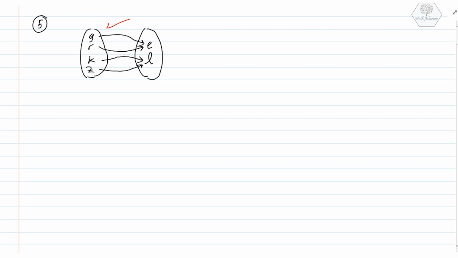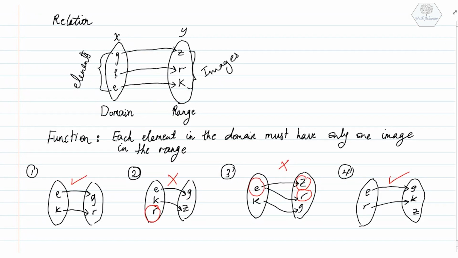But here we have that one image has two elements in the domain, it's fine. Since each element in the domain has only one image in the range, it is a function, but we call this function a many-to-one function. And our previous functions, this is called a one-to-one function.